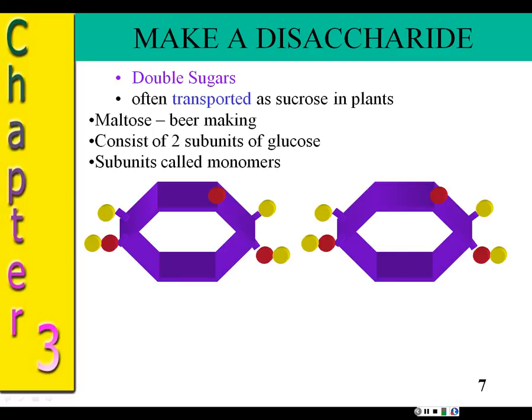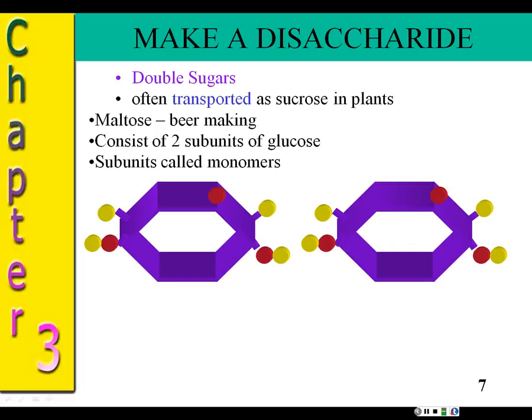Above each hydroxyl group, what do I need? Good. Hydrogen. Lovely. And then down here, what am I going to put? Good. Hydroxyl group. What am I putting up there? Hydroxyl group. Correct. And then opposite each one of these, I'm going to put a what? A hydrogen. Good. All right.